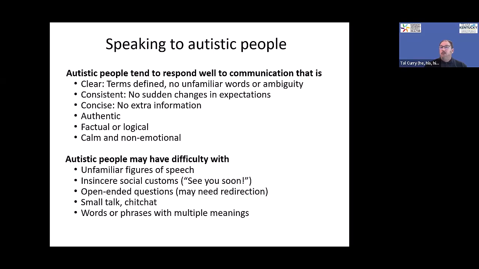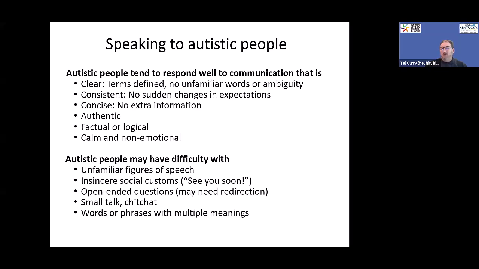Many of us from that Southern perspective often tell stories or talk about things that aren't always rational or that can sometimes be difficult to understand. The extra language is not helpful. So you want to be authentic, factual or logical, calm and non-emotional.